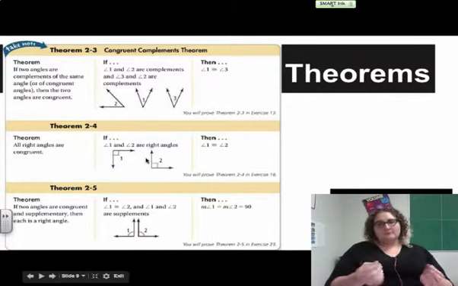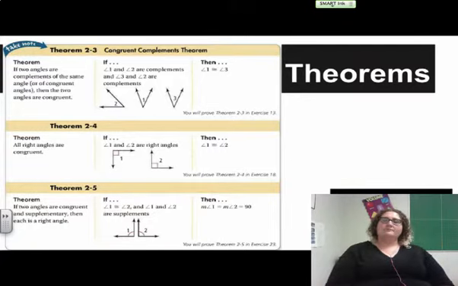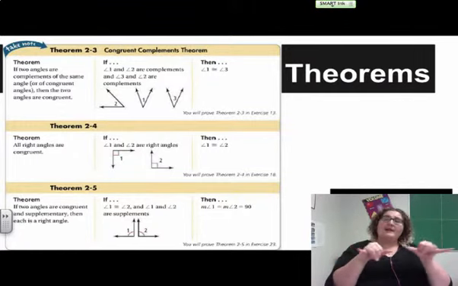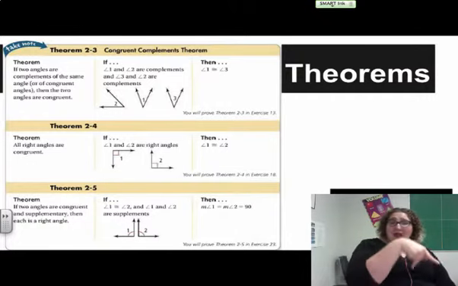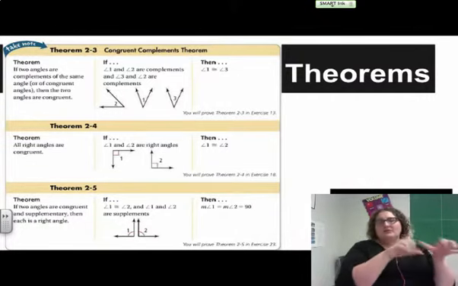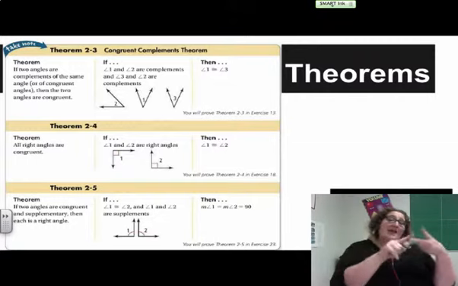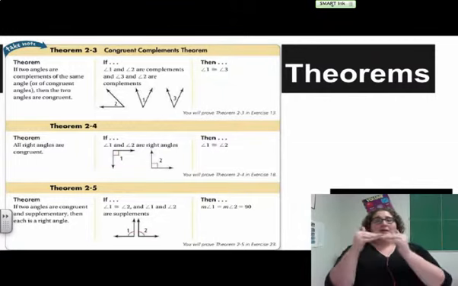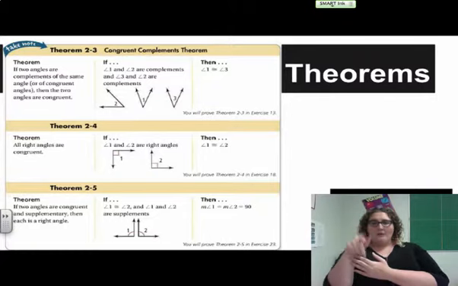Theorems. The theorem of congruent complements, this is the same as our supplementary one, says if two angles are complementary to the same angle or congruent angles, then the two angles are congruent. So basically saying if angle 1 and 2 here are complements, meaning they add up to equal 90, and angle 2 and 3 are complements, then angle 1 and 3 have to be congruent to each other.